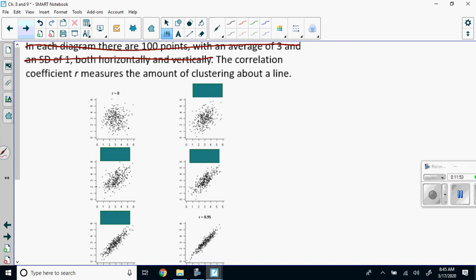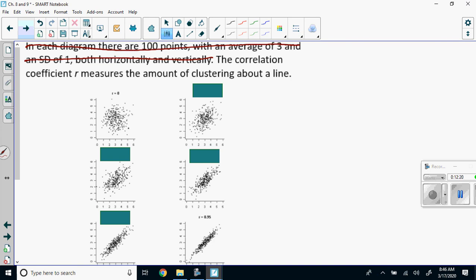But for right now, you don't need to know what that means. What we do need to do is estimate the correlation coefficient for each of these. So I'm going to give you guys some options, and before I show you the answers, I want you to guess which one matches which. And don't look at the next one, because it doesn't give you the answers.